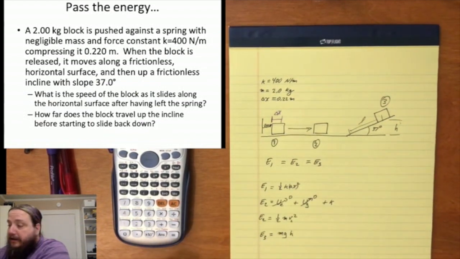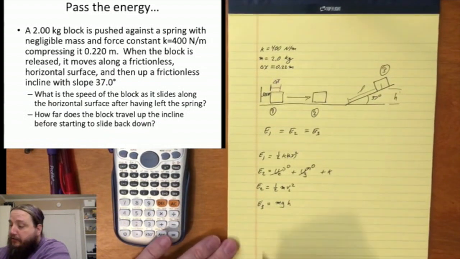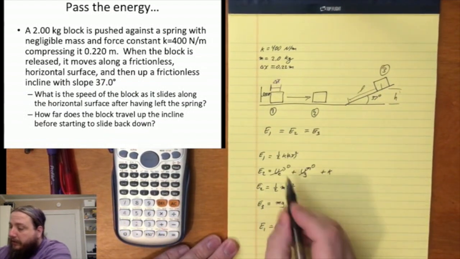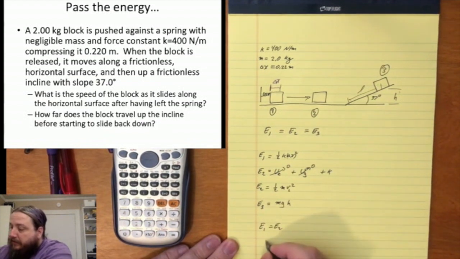So what we can do then is equate them, right? If we say E1 equals E2, well, E1 is 1/2 k delta x squared, and E2 is 1/2 mv squared.